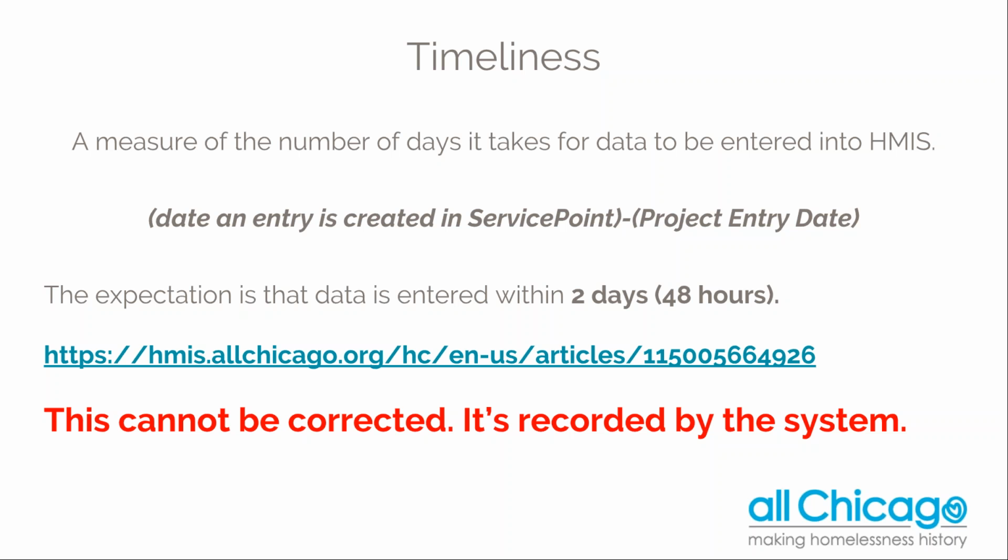So let's take last month. If a client came in on January 15th to begin to receive services, they should have been in ServicePoint at least by the 17th. So there's a 2-day time frame. The reason we have that is because with coordinated entry, our system really relies on knowing where clients are at all times.